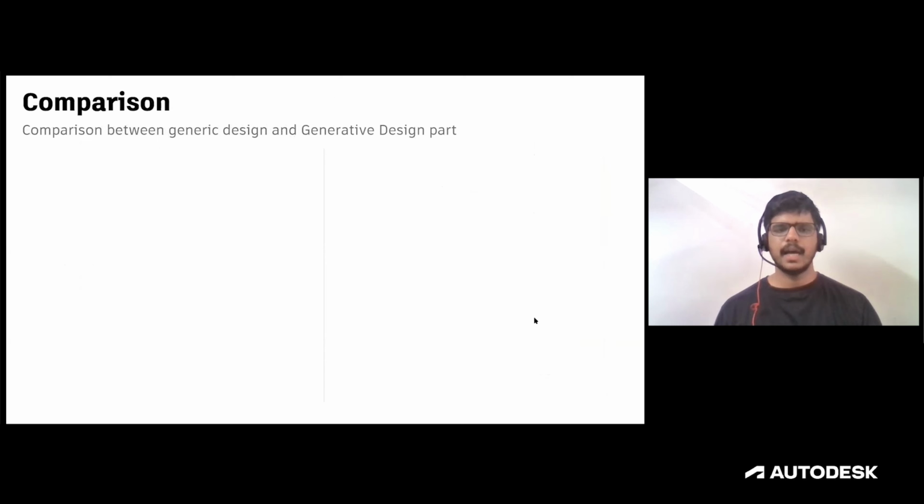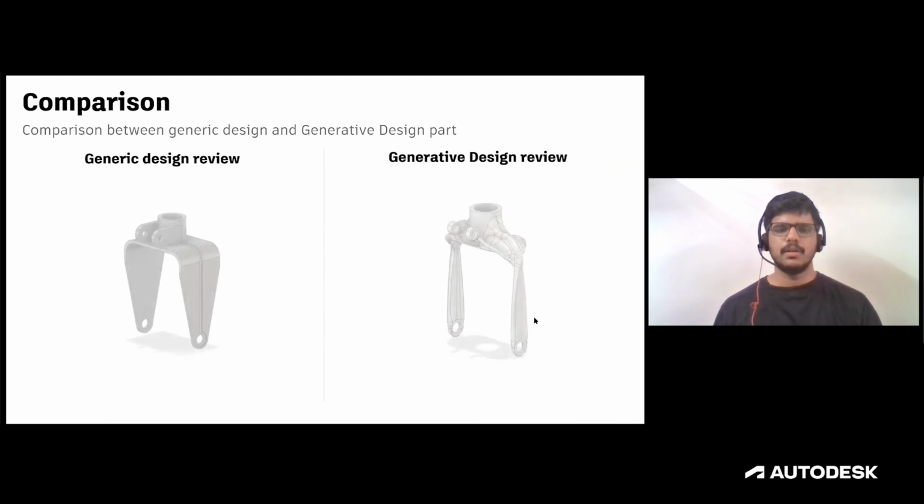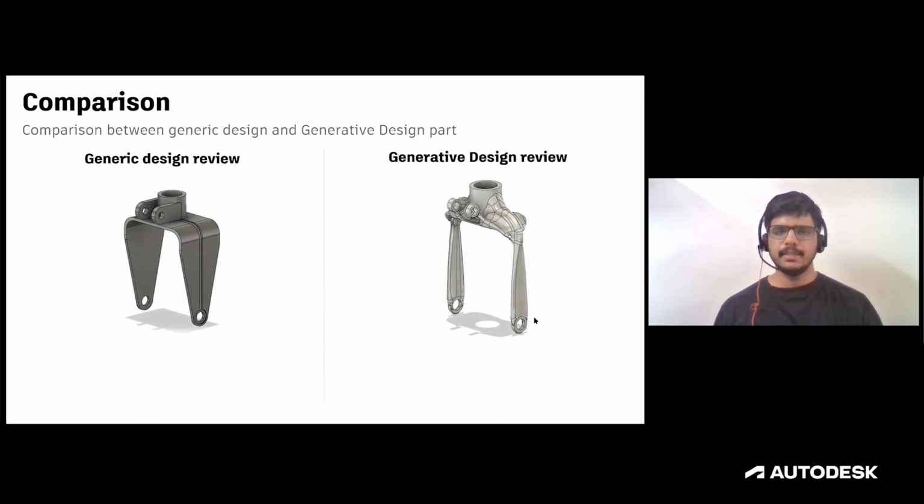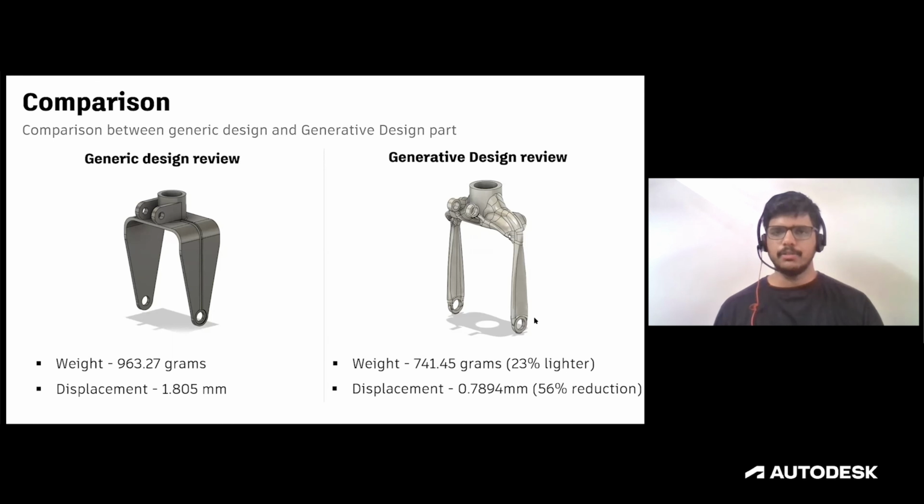Next, let us have a quick comparison of our initial design with the new one. The first and the major difference is in the geometry of the two designs, which is so clear from the two pictures here. This allows us to go for different manufacturing methods like additive manufacturing. Talking from the perspective of weight, the initial design weighed 963.27 grams, while our new design is 23% lighter.